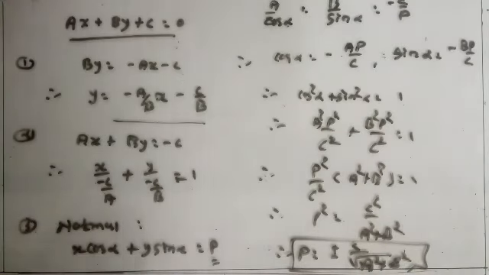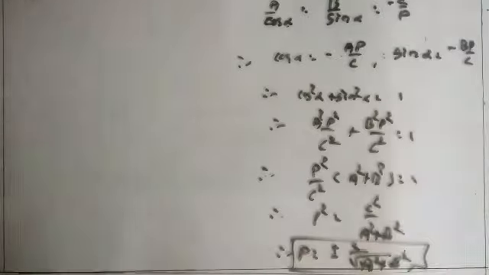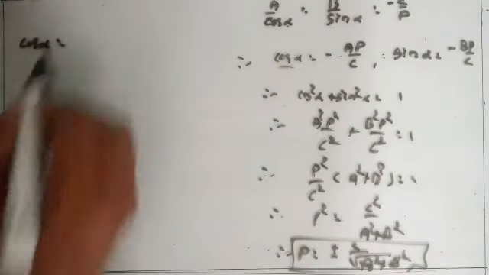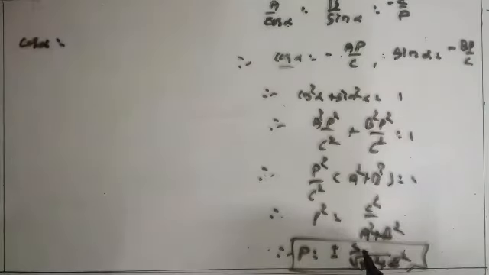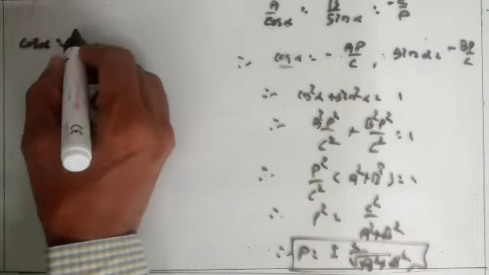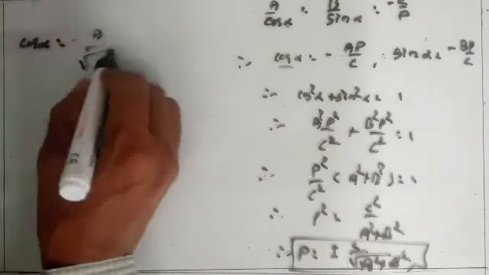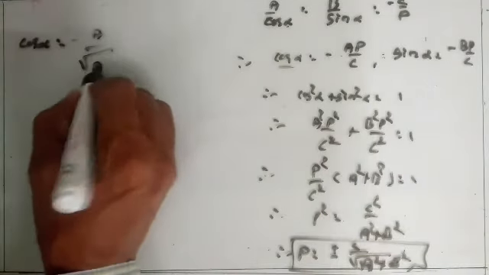Now cos alpha. From this cos alpha, here p is equal to c upon root of a square plus b square. So c cancels and we get minus a upon root of a square plus b square.